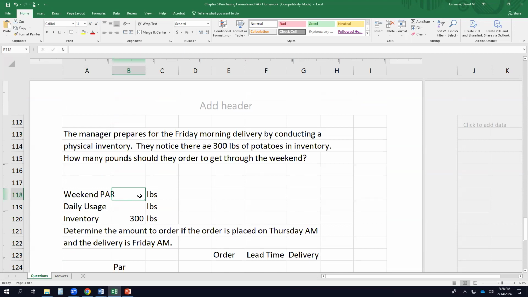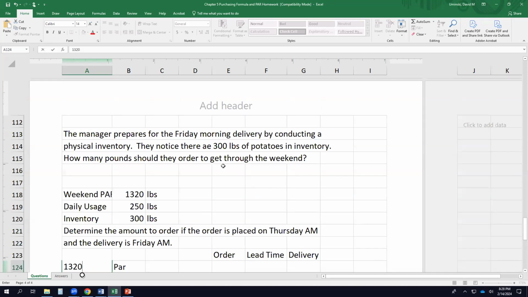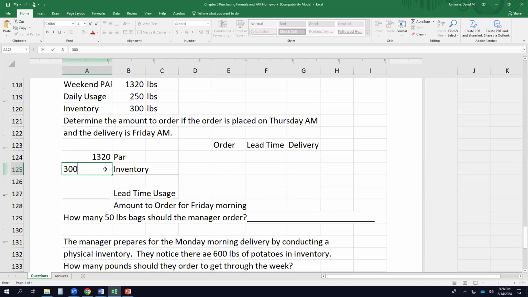From the math that we did before, what was the weekend par? 1,320 pounds, okay? And we're talking about our weekday daily usage. So if my par is 1,320, how much do I have in inventory? It says 300 pounds. So that tells me I should order 1,020 pounds, okay?